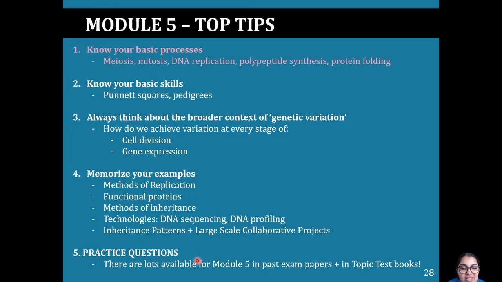However, it's still pretty limited, only 4 papers. You can find lots of past paper questions in exam papers before 2019, but make sure they link back to the syllabus and you're not studying for anything that won't be tested because it is part of the older syllabus. But you'll find Module 5 material that you can use.